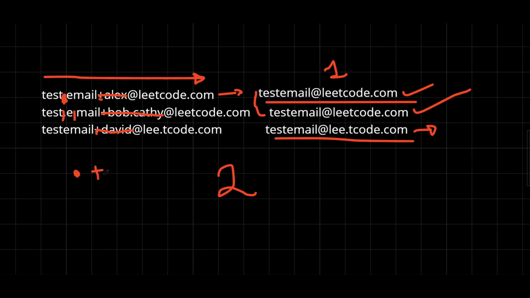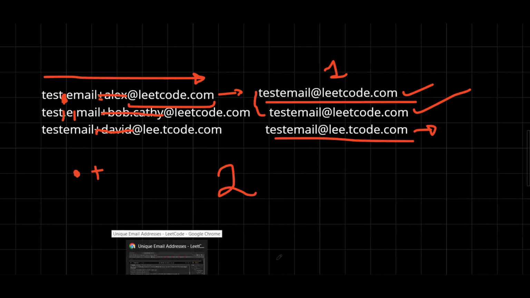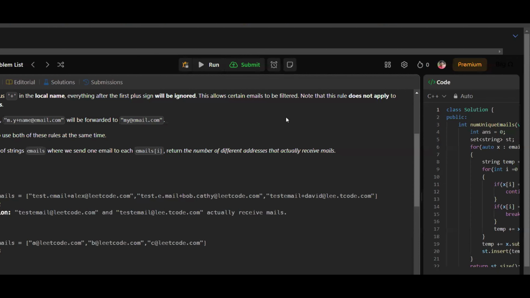If it is a plus, then we have to simply ignore the rest of the elements until the @ occurs. After that, we have to generate the resultant email and find the unique number of emails. We can do it by using a set. I hope you understood the algorithm. Now let's move on to the code.